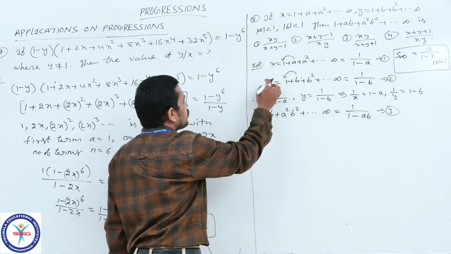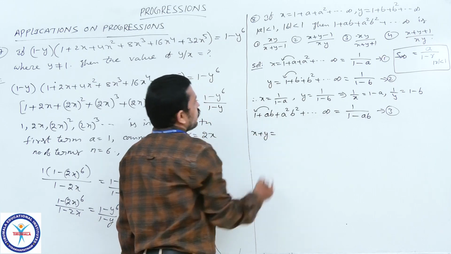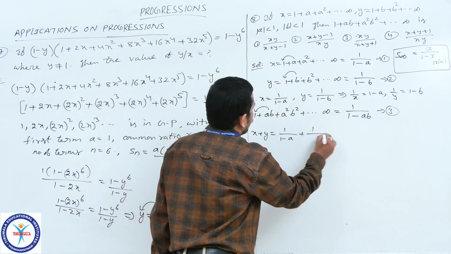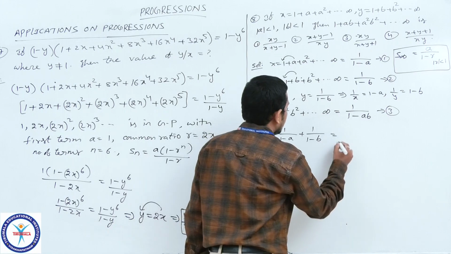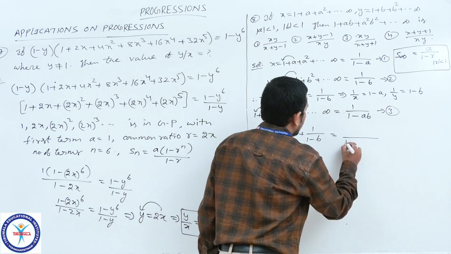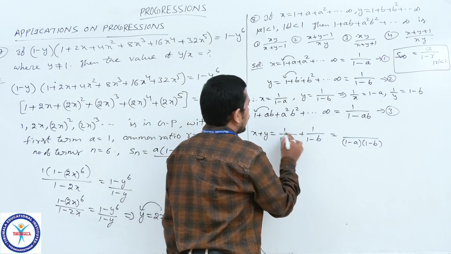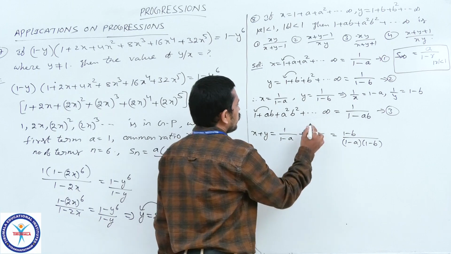Now, consider x plus y, 1 plus 2. x plus y is equal to 1 by 1 minus a plus 1 by 1 minus b. By taking LCM 1 minus a into 1 minus b, we have 1 into 1 minus b plus 1 into 1 minus a.